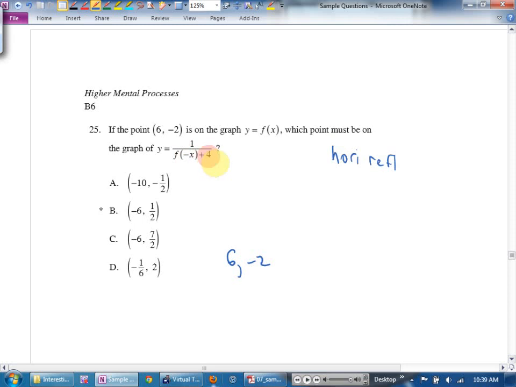And then this whole thing is under a 1. But remember, you're taking the reciprocal of the y value. So let's see. Horizontal reflection, 4 up, reciprocal. And when I see my answer there, I smile.